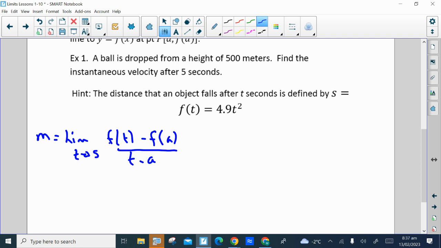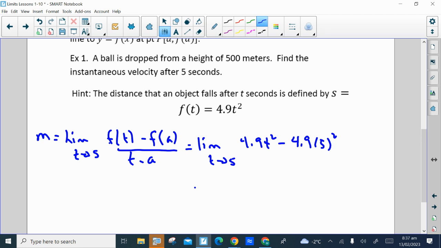So that's that formula that we saw last week. So this will be the limit as t approaches 5. f(t) is the function in terms of t, minus f(5). So that'll be 4.9 times 5 squared. Right? The formula is 4.9t squared.